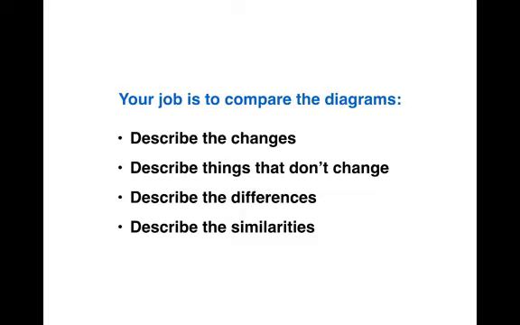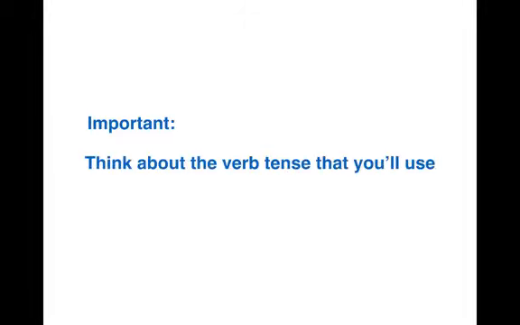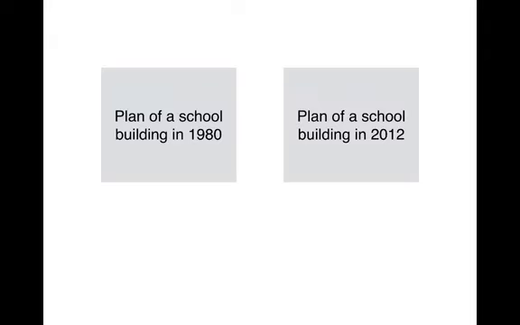Before we do today's question, one important thing to note. Think about the verb tense that you'll use when describing these diagrams. If we go back to my first example, the diagram showing before and after with the school plans, look at the years. We've got 1980 and 2012. So all of this is going to be in the past.